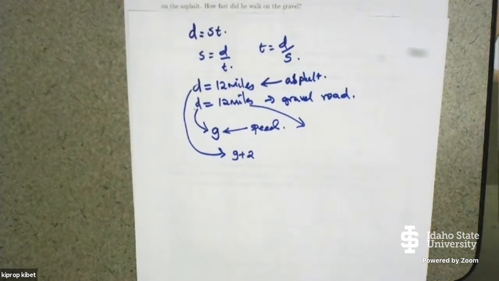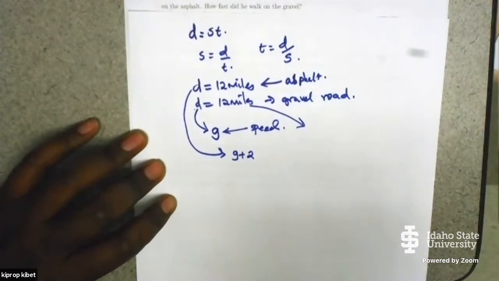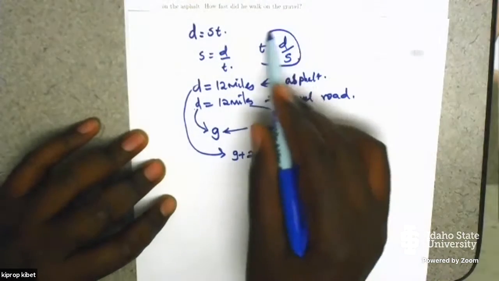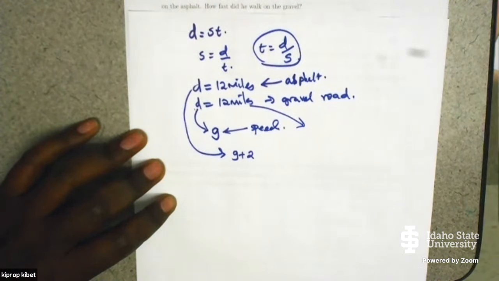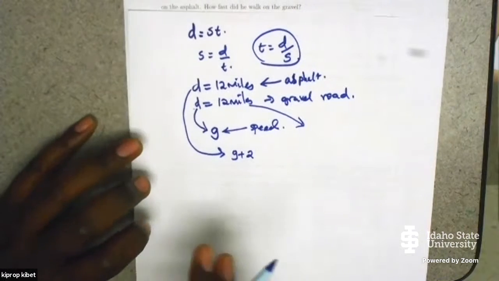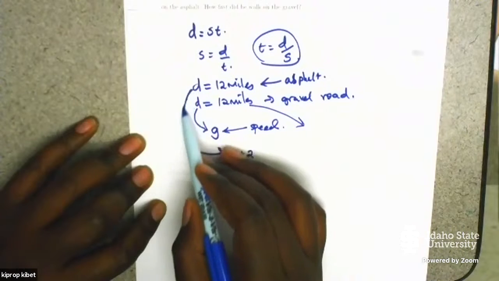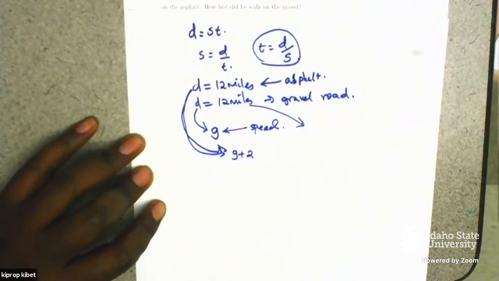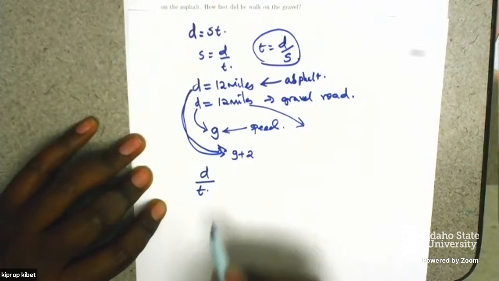So in this case, because we are considering time here, we're going to use what? The time equals to distance over the speed. So the time that this guy will use on this road, on the asphalt, is the distance over the speed.